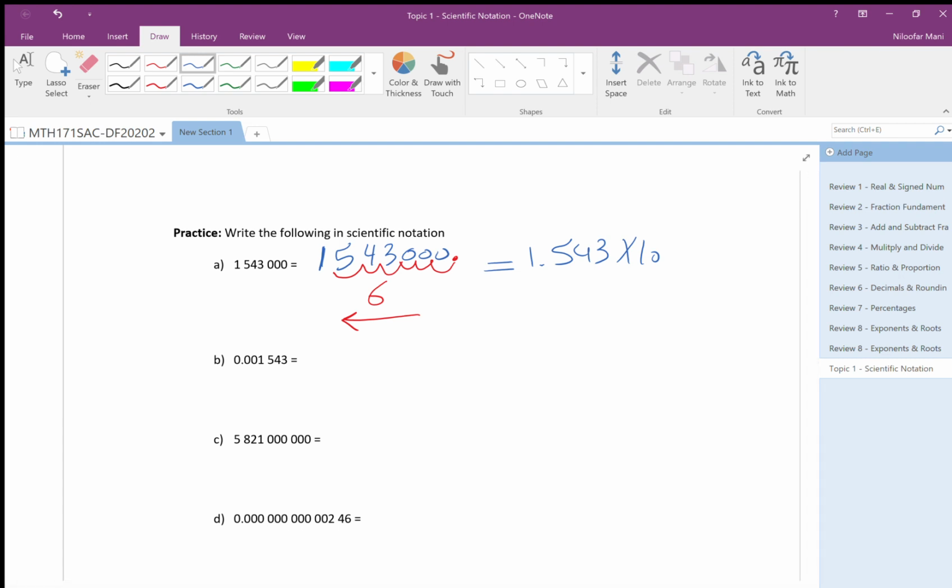I went to the left, so it must be plus 6. Maybe I change this to red just to show it. What happens if I use 10 power 6 and I multiply? I have the same thing. Perfect.